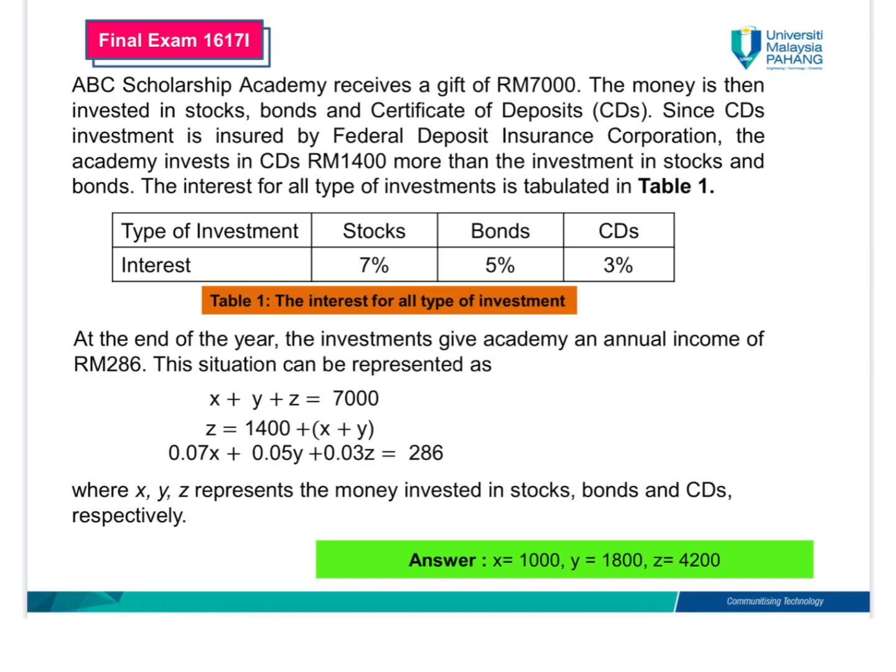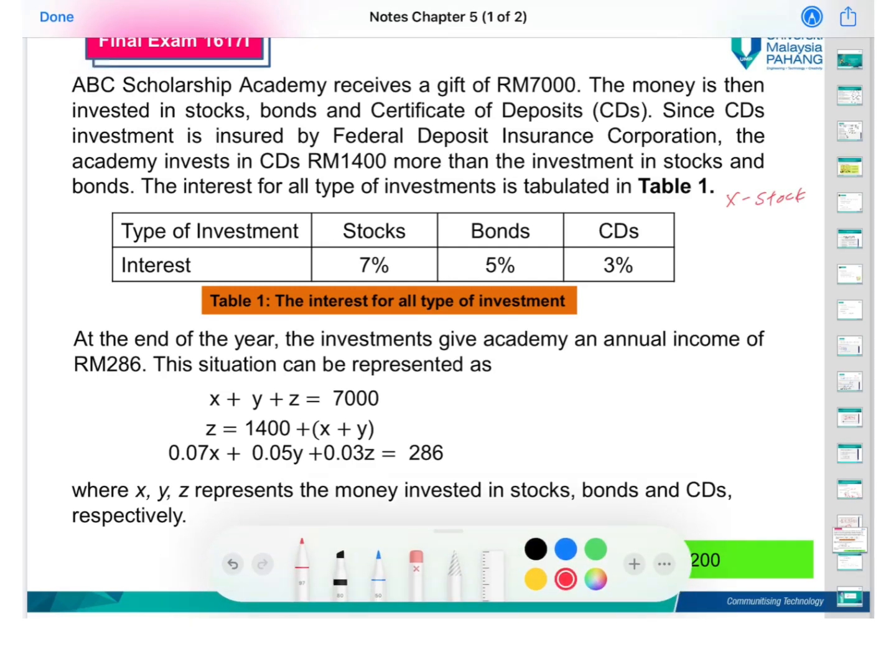This situation can be represented by x plus y plus z, okay, in which x, y, z is stocks, bonds, and CDs. So I have x, which is stocks, y is bonds, and z is certificate of deposit, which is CDs. Okay, so the money 7,000 invested in all three, so x plus y plus z equals to 7,000.